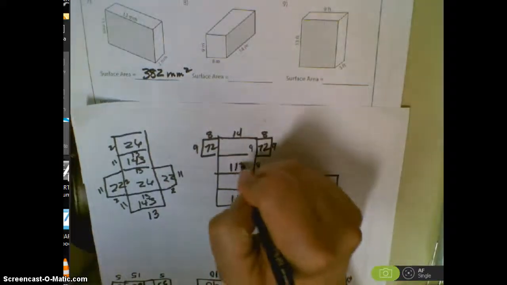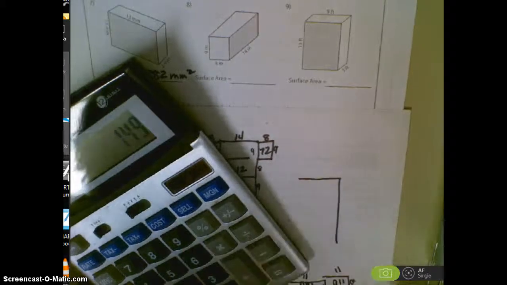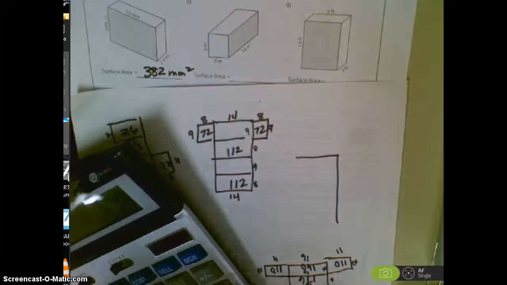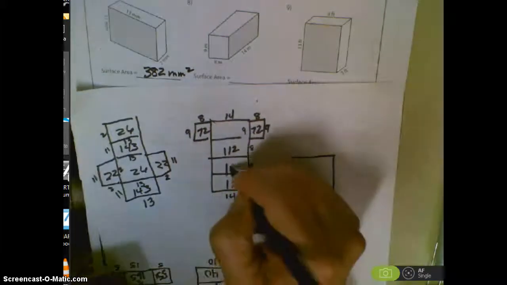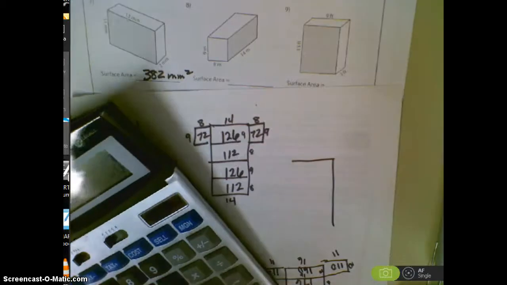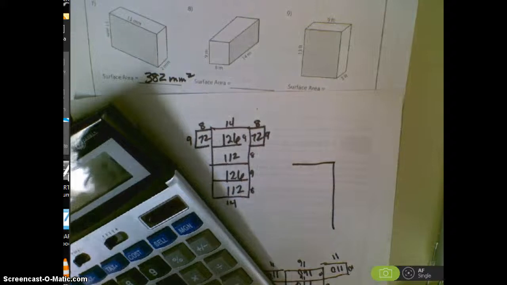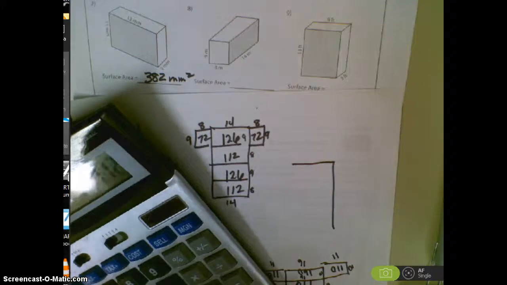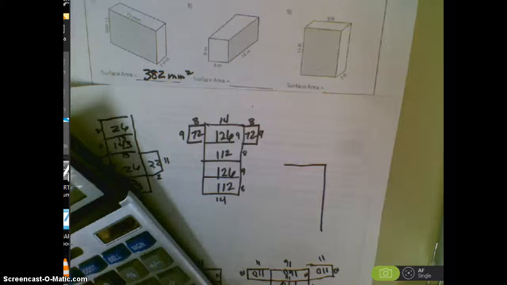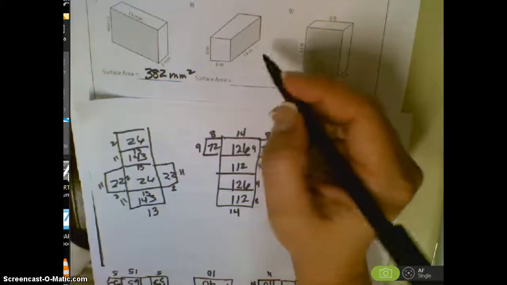So this must also be 112. And then we've got 14 times 9, 149. I'm just going to try it again. 14 times 9, make sure I did it right. That's about what I thought. 126. I think I got in a hurry again. Let's add them up. 126 plus 126 plus 112 plus 112 plus 72 and 72 is going to total 620.